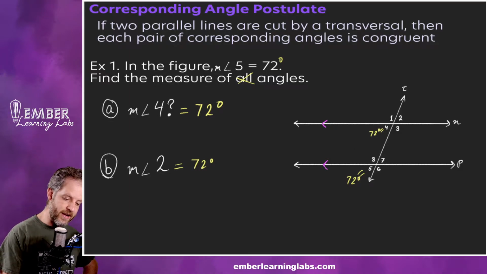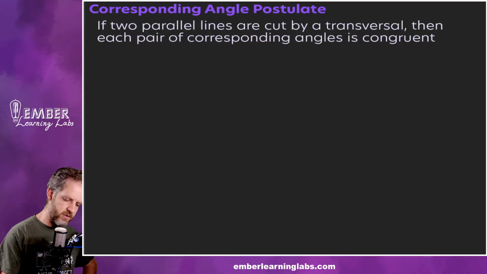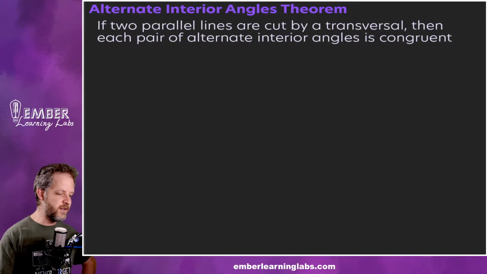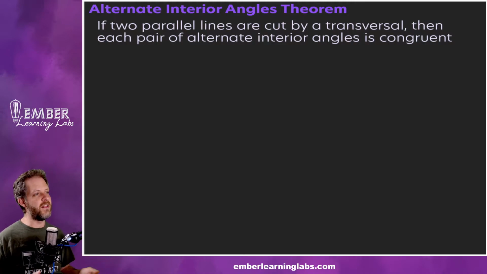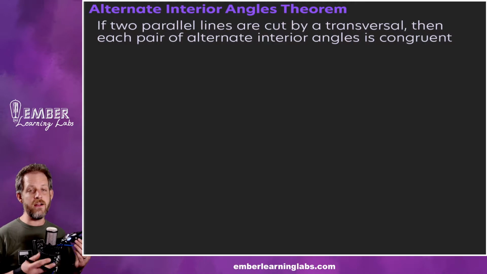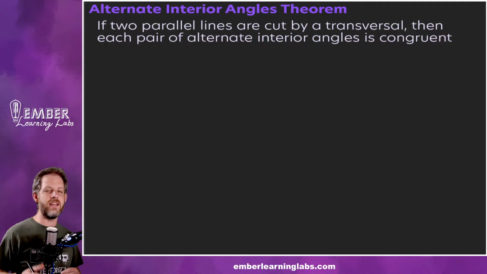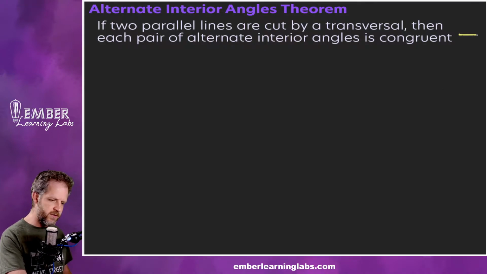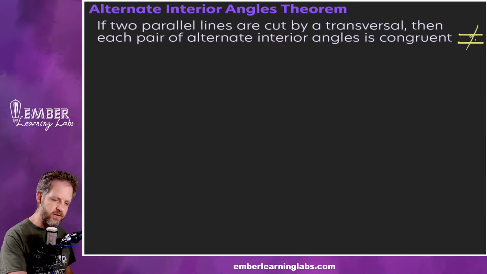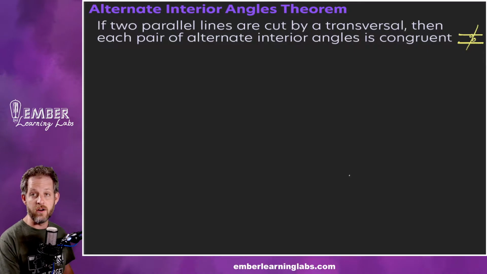So let's look at a couple more theorems. First one is the alternate interior angles theorem. If two parallel lines are cut by a transversal, then each pair of alternate interior angles is congruent. If we have something along these lines, I'm going to draw a little example over here, then the alternate interior angles, this one and that one, are congruent.